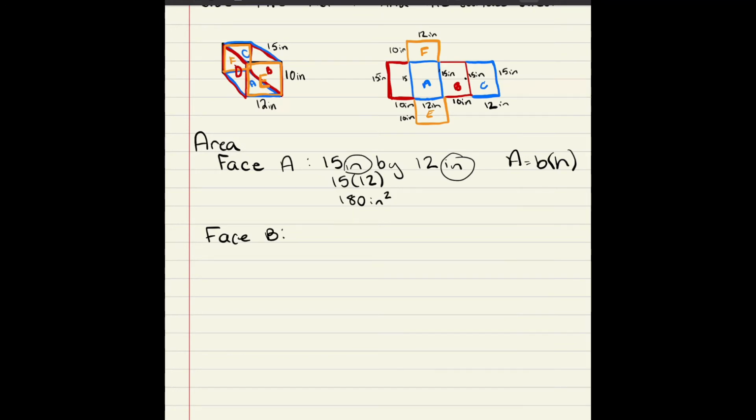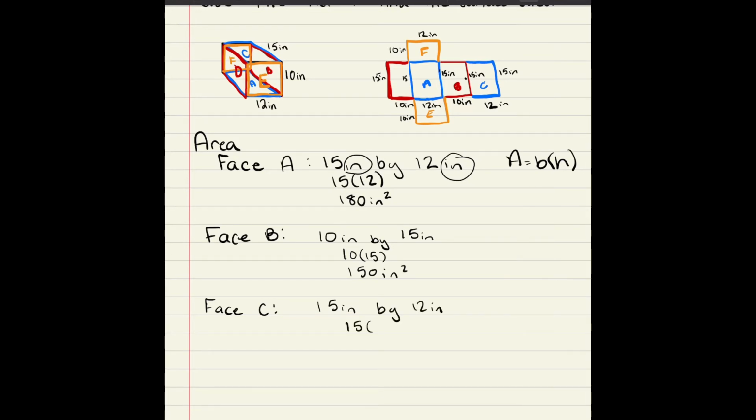All right, now I'm going to find for face B. The dimensions are 10 inches by 15 inches. So I have base times height, which is 10 times 15, which gives me 150. Now I have face C, which is 15 inches. Oops, I've got my inches up here.